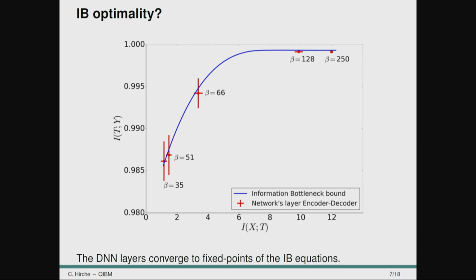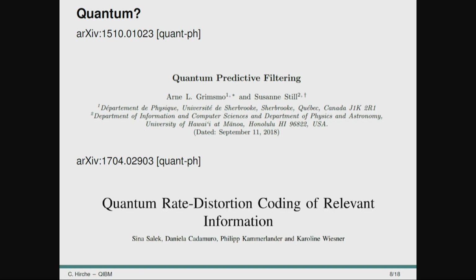But now, of course, mostly I want to talk about quantum. So has this been done in quantum? Previously to our work, there were 2 papers that have discussed the quantum information bottleneck. The first one was the one to introduce the concept to the quantum information theory community. And well, they have lots of interesting stuff, but they look at it towards a very specific problem and not so much in an information theoretic sense.